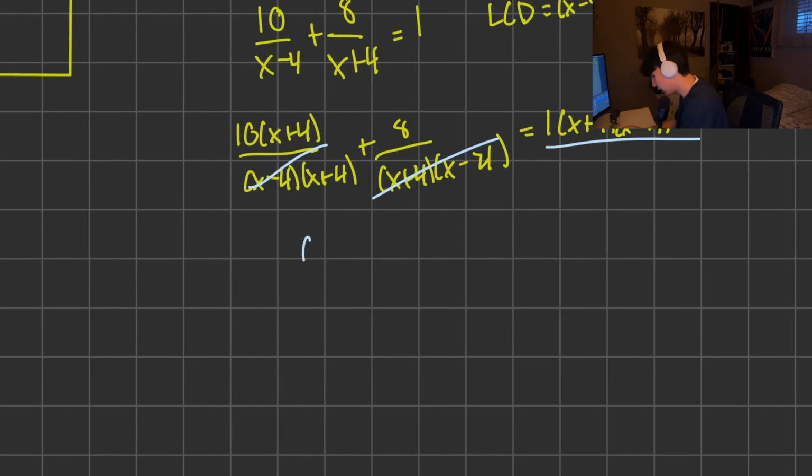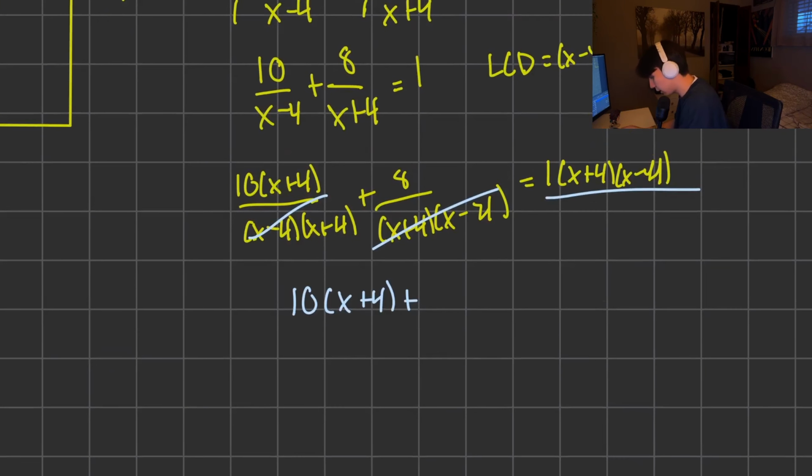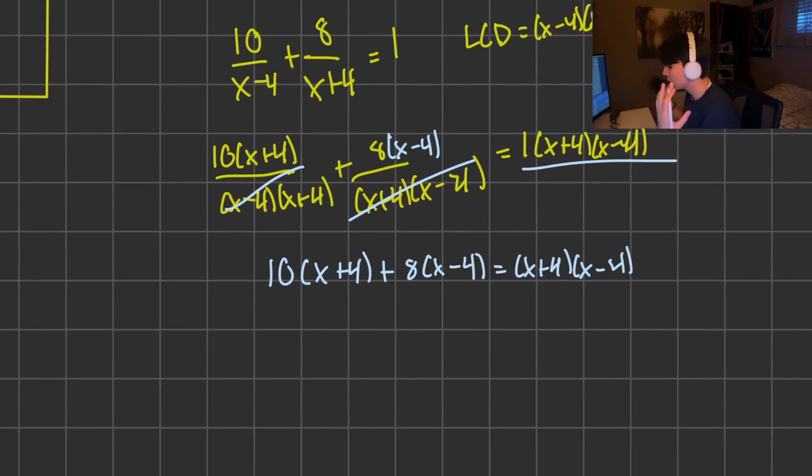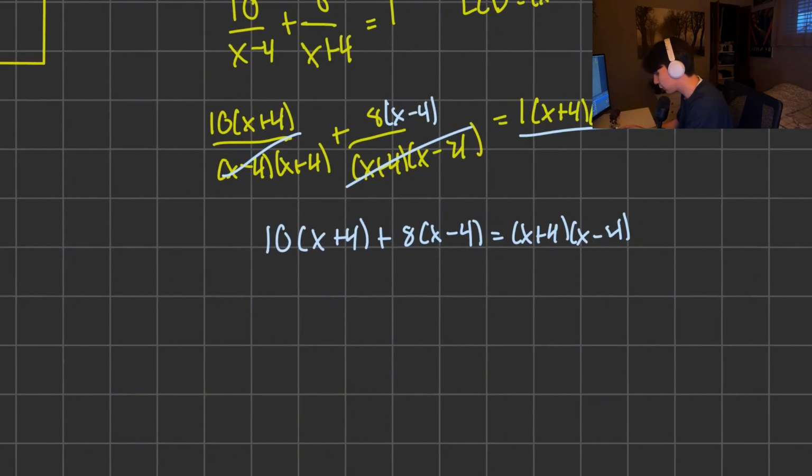You're going to get 10 times x plus 4, plus, what do we multiply here? x minus 4. 8 times x minus 4 is equal to x plus 4, x minus 4. So now what we can do is we actually have to FOIL everything out and collect our like terms here.